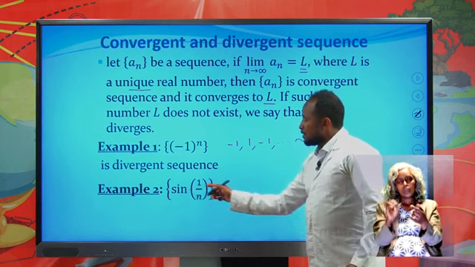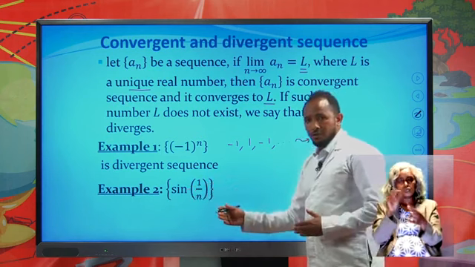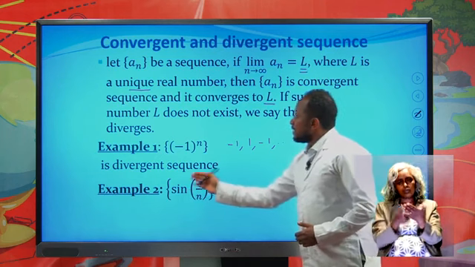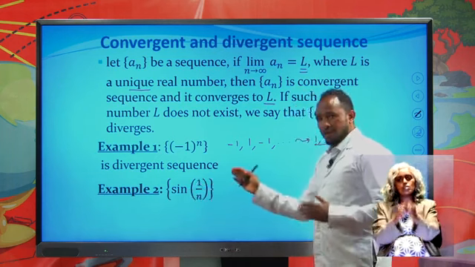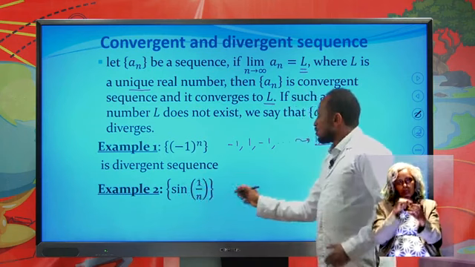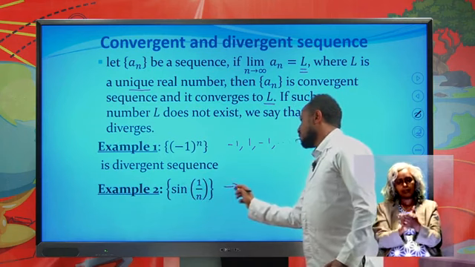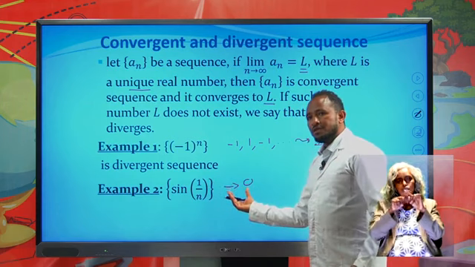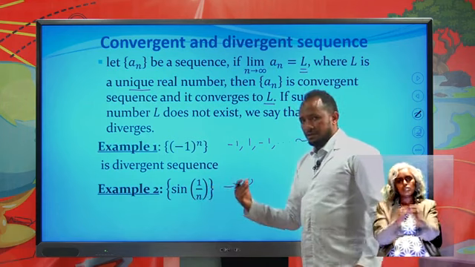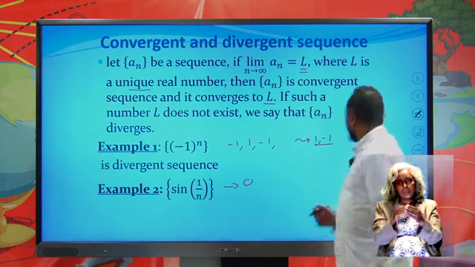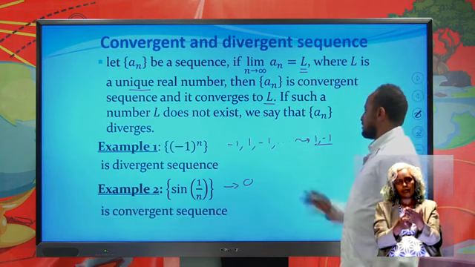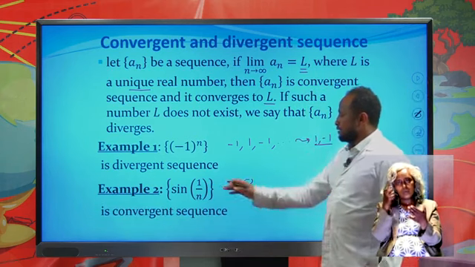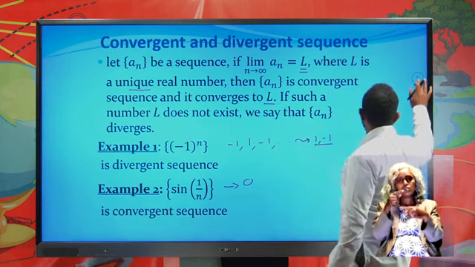So sine 0 goes to 0. So the limit of this sequence as n goes to infinity is 0. Because of this unique number, this sequence is a convergent sequence. So sine of 1 over n is a convergent sequence.